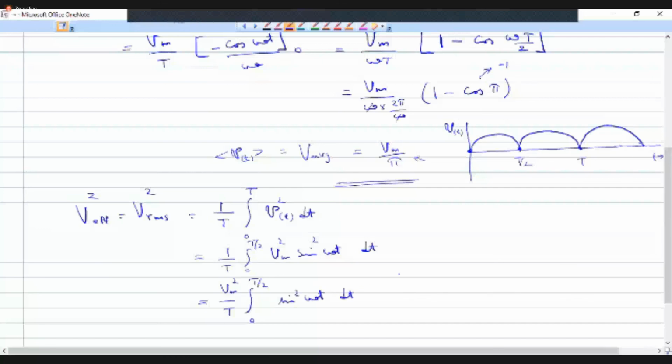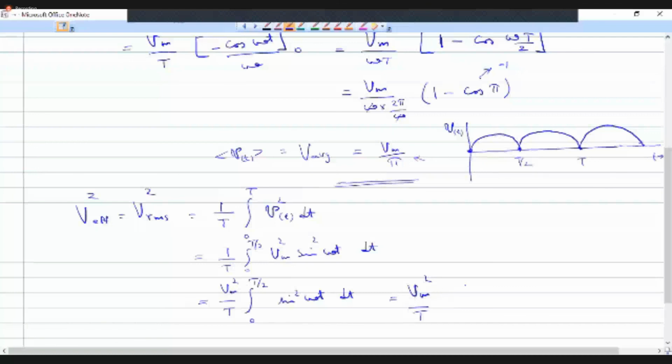So this could be written as Vm square by T. Sine square theta is 1 minus cos 2 theta divided by 2.